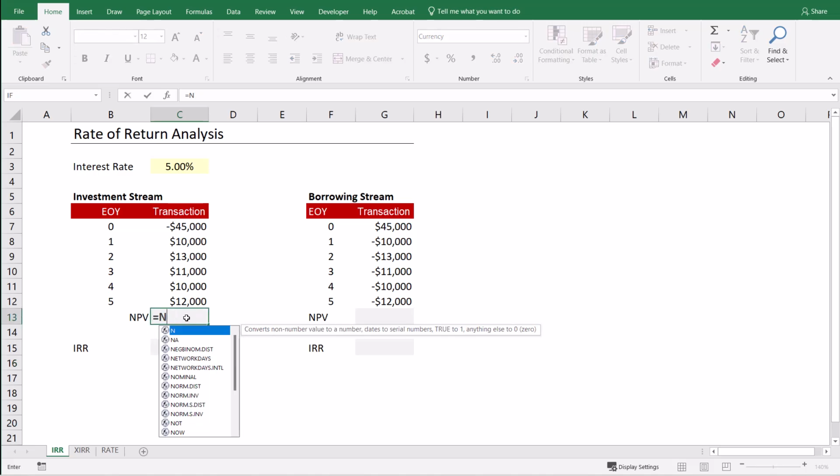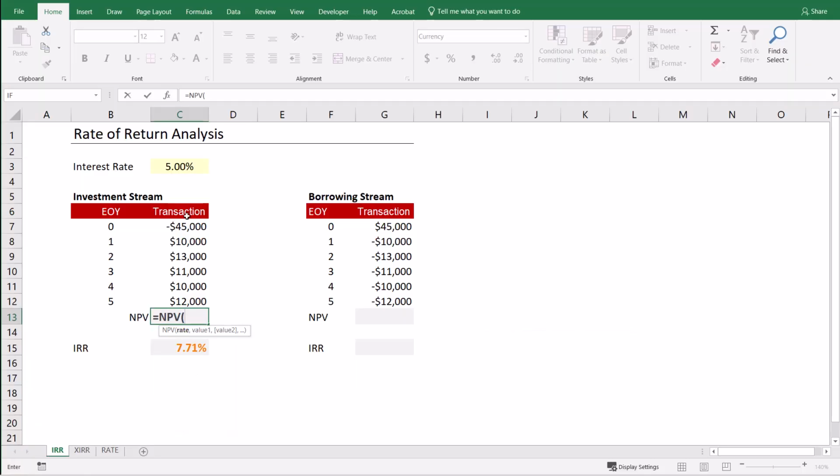If we calculate the NPV here with an interest rate of 5% and then give it the values starting in period 1 and then adding the cash flow at time 0, we're going to get a positive NPV. Note that if we set this to be equal to the IRR, we're going to get, by definition, an NPV of 0.